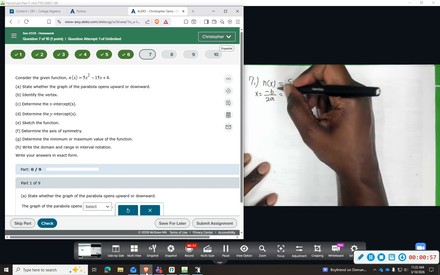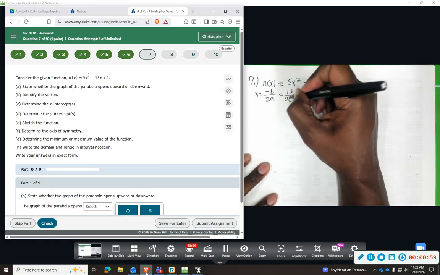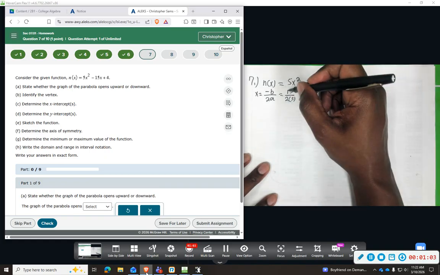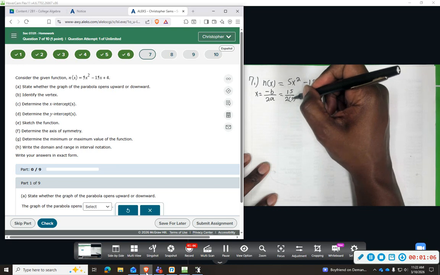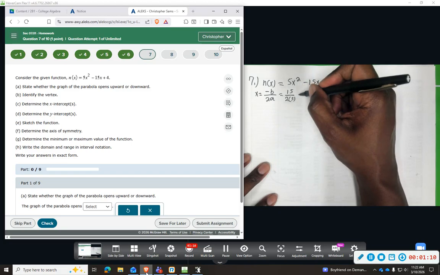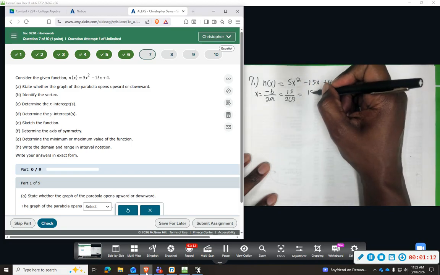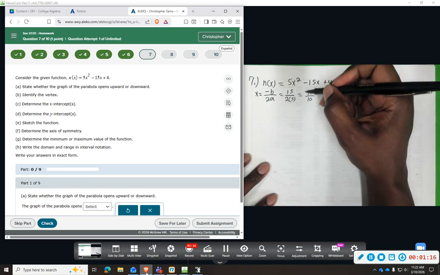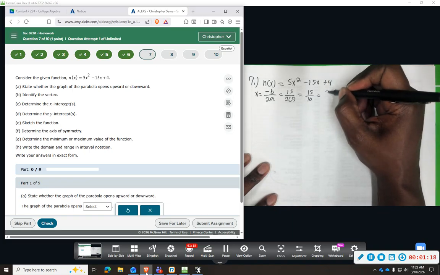And then 2 times a, which will be 2 times 5. So we have 15 over 10. And we'll just have to reduce that. It won't be a whole number. 15 over 10 will reduce to 3 halves.